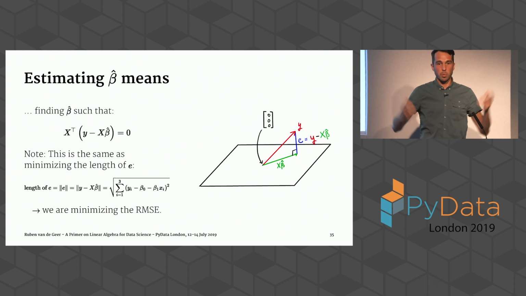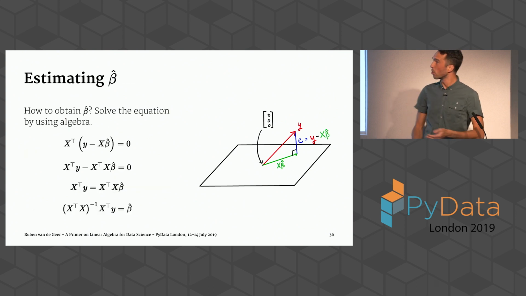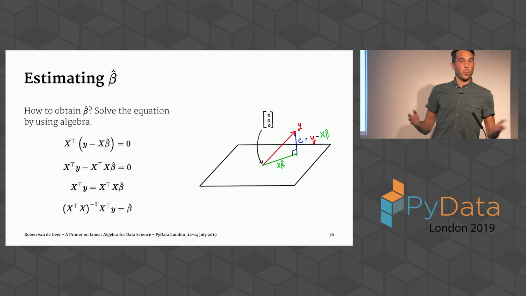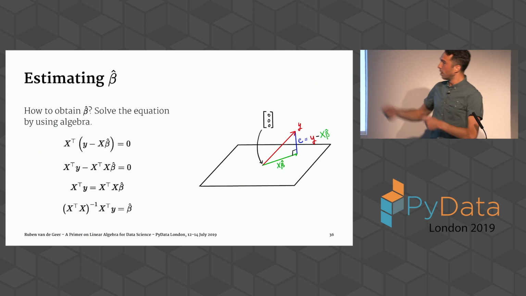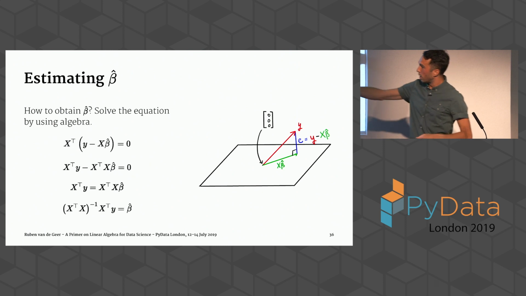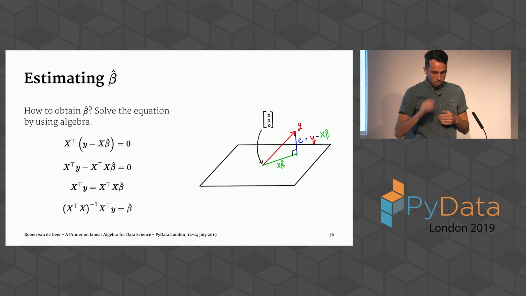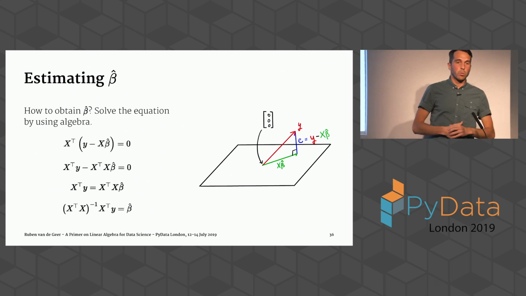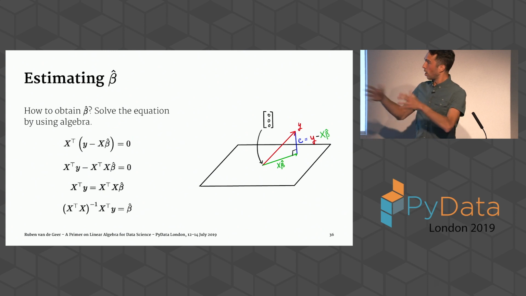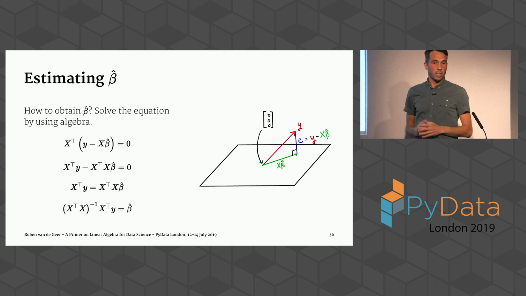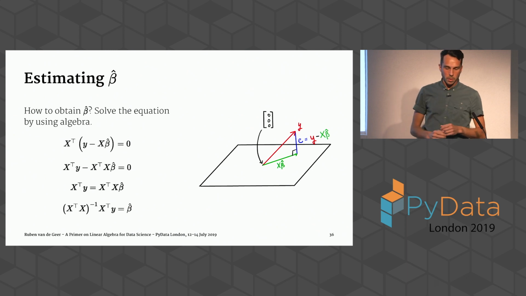But this is just a different perspective to it. And now with matrices you can also do some algebra. I won't go into detail here, but you can do some algebra and then end up with your estimator beta hat, and that you can just compute by using NumPy, for example. So this is an alternative way of thinking of linear regression and coming up with the beta hat that is the best fit to your model.